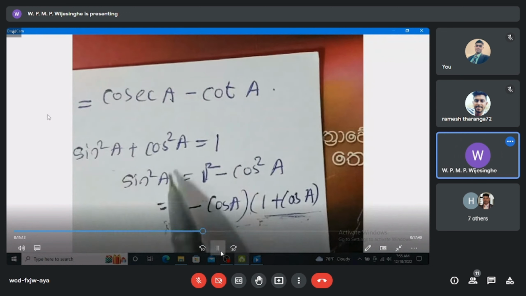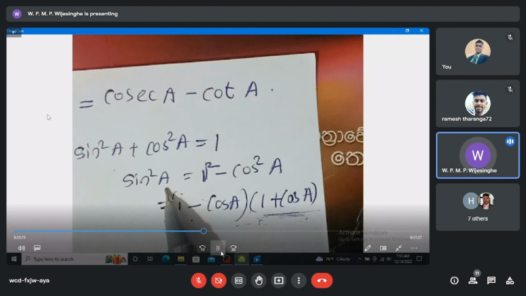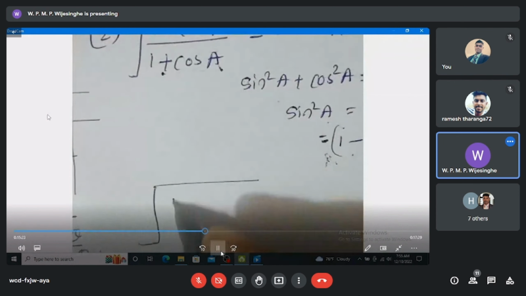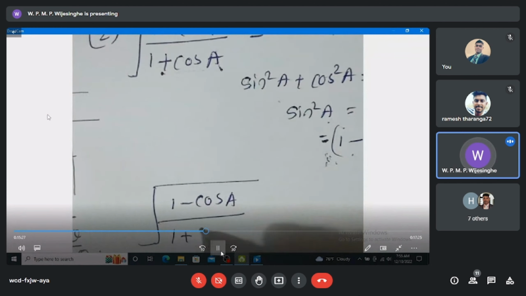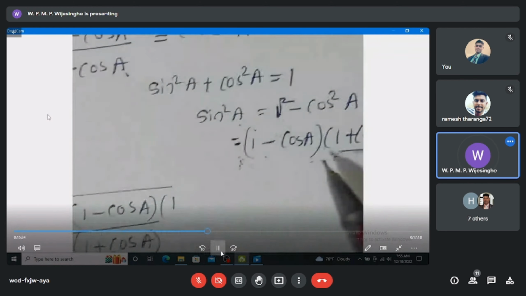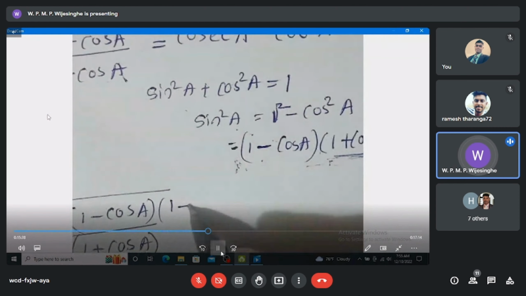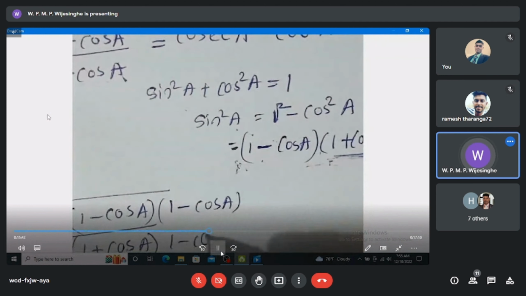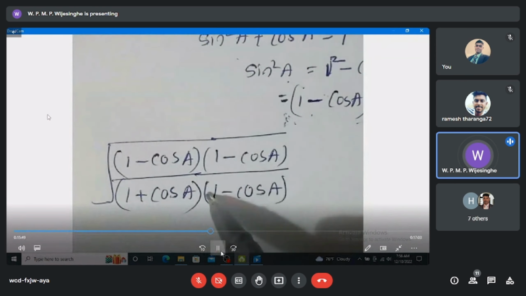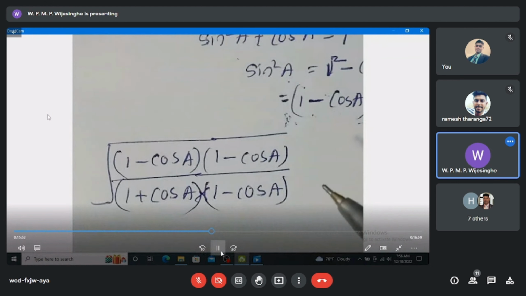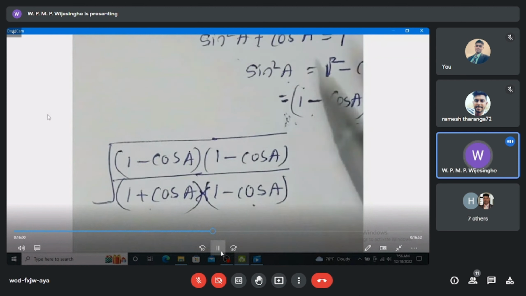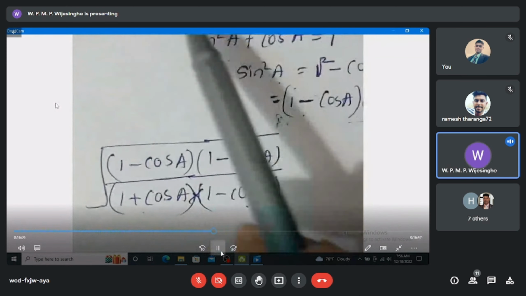So I can write by using a single term, it is equal to sin square A. Here 1 minus cos A, 1 plus cos A. Then I should include this one, 1 minus cos A, 1 minus cos A. Here I multiply this term by this term, so keep the term as it is.